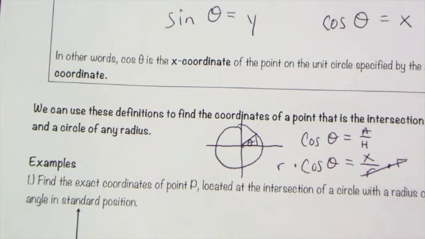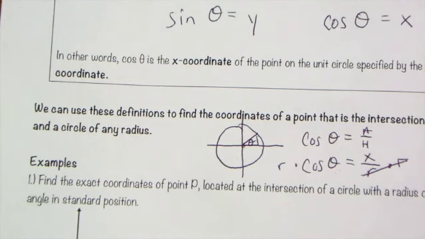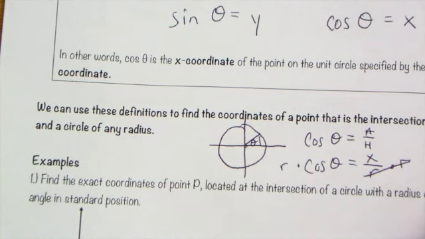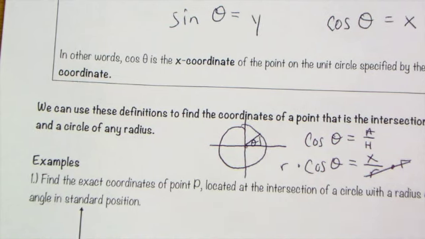So it turns out to find the coordinate or point of a particular function of a different radius, all you do is simply multiply by that radius. Before, our radius was just 1, so cosine of theta just equaled x.